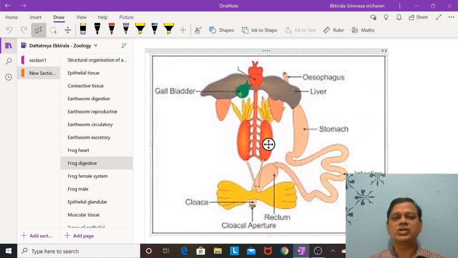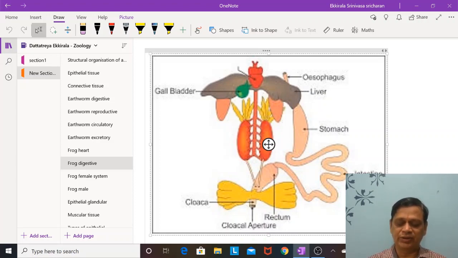The digestive system of frog is complete with a slightly coiled, not very much coiled, alimentary canal. Remember, the type of alimentary canal depends upon the food habits. Frog is carnivorous. So carnivorous animals have less coiled gut, whereas herbivorous animals have highly coiled gut.